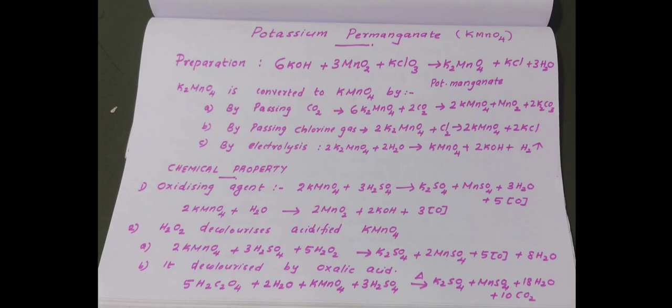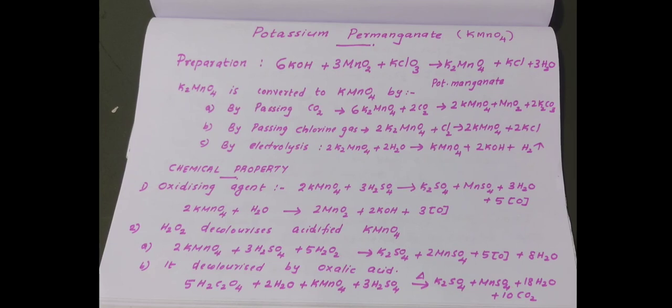Mainly it acts as a powerful oxidizing agent when dry and also in solution. Explosions may occur when it comes in contact with organic and readily oxidizable material like charcoal. When mixed with glycerin, it burns.